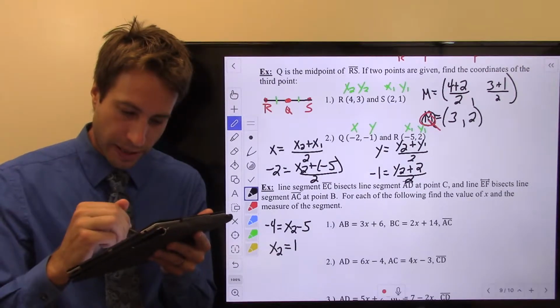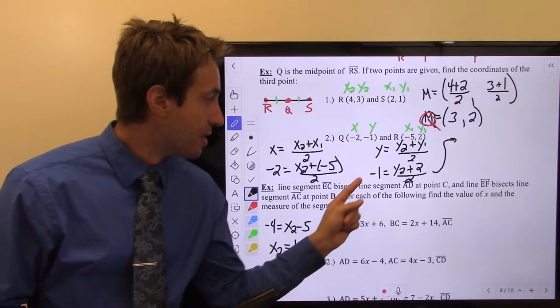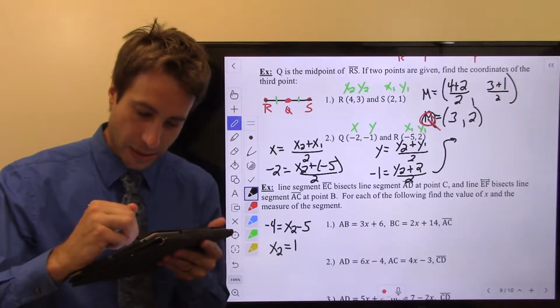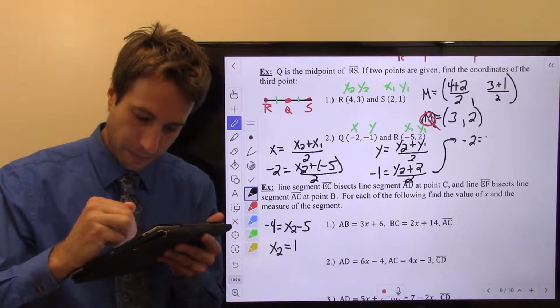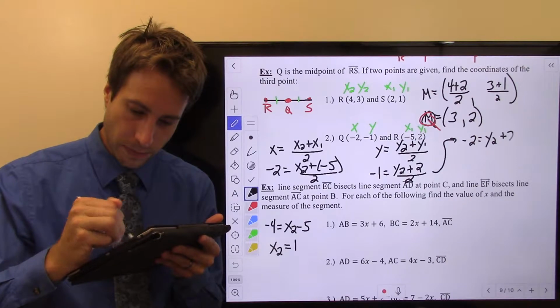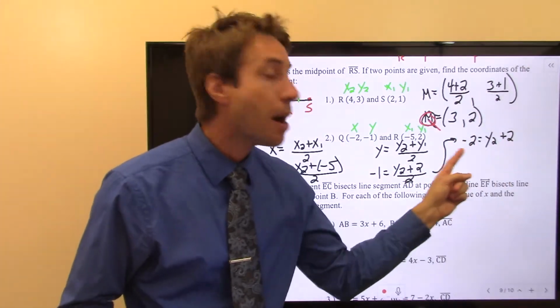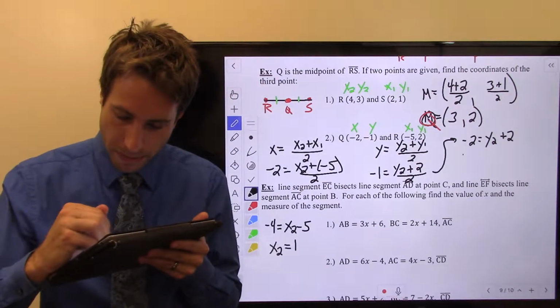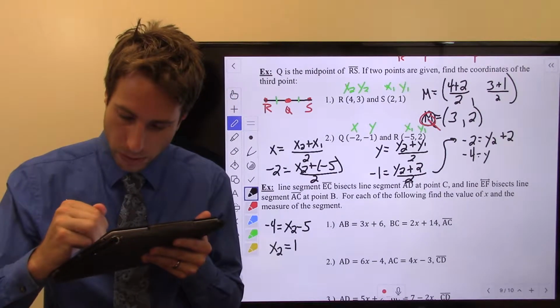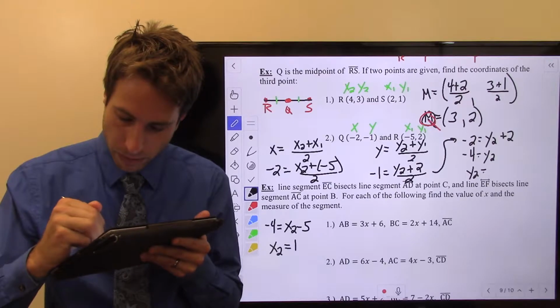And then this one over here, -1, multiply the 2 to the other side, so that'll be a -2. That's a +2, so subtract it to the other side. -2 minus 2 is a -4. Let me switch those, y2.